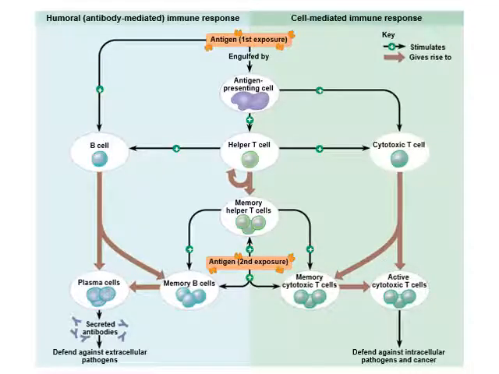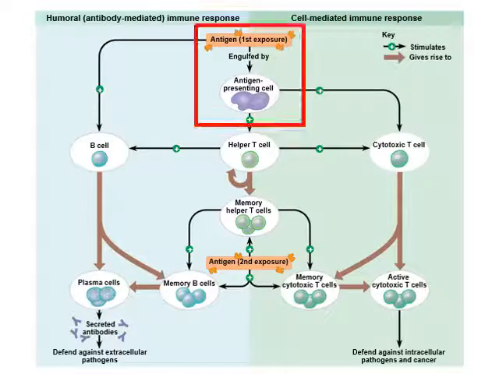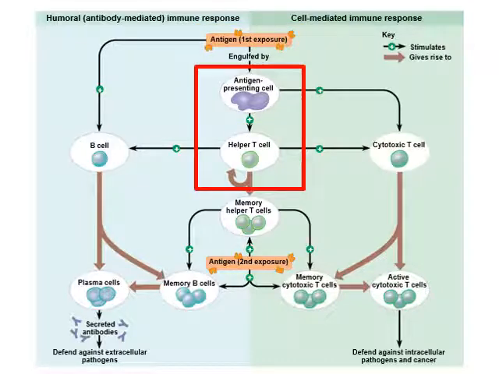So this diagram shows the sequence of events. First the foreign invader is eaten by a phagocyte, which turns into an antigen-presenting cell. The antigen-presenting cell presents the foreign antigens to a T helper cell. The T helper cell then goes and finds B cells that are capable of making antibodies that can destroy that foreign antigen through opsonization and so on.